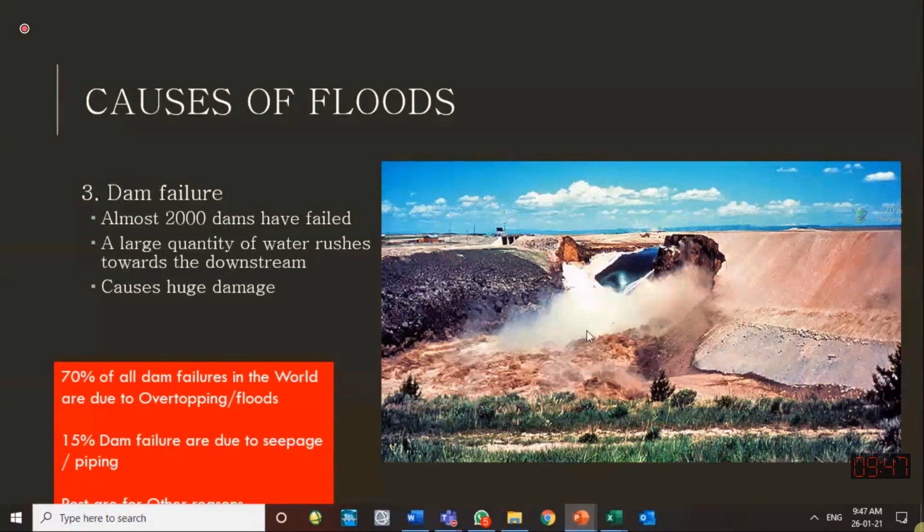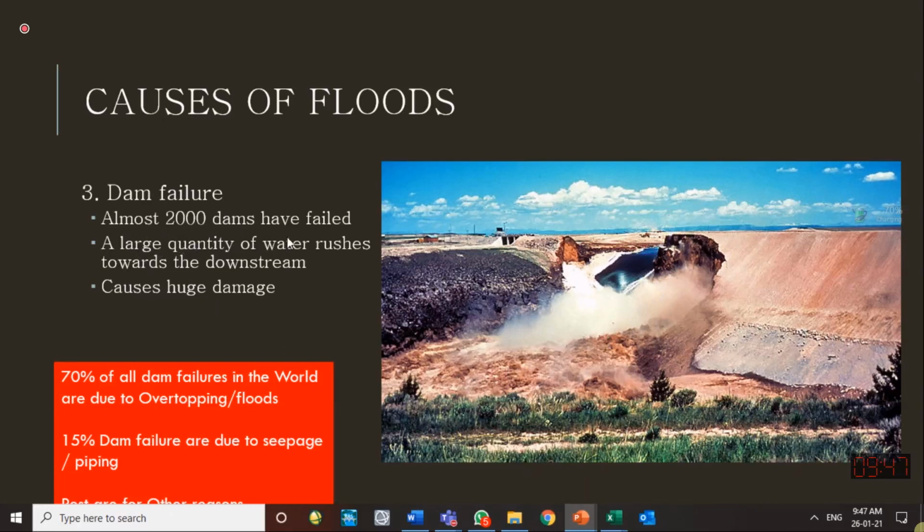And when seepage occurs, if that seepage is of sufficiently high quantity, it also takes along with it the particles of the dam body. And if it is not checked, if it is not stopped, it continues and a hole is generated in the body of the dam. And that also continues to enlarge, and finally it becomes so large that the body of the dam collapses and a huge flood is generated on the downstream side.